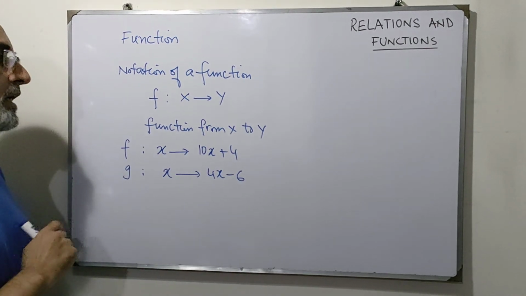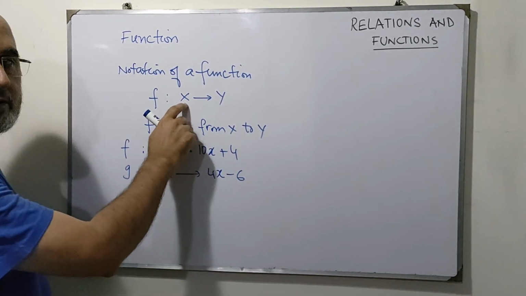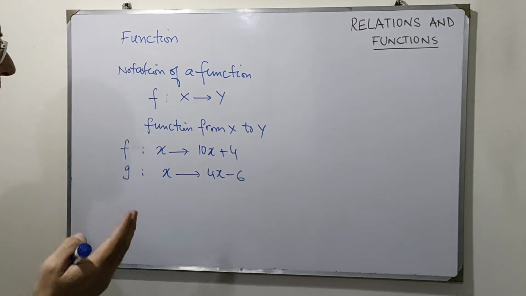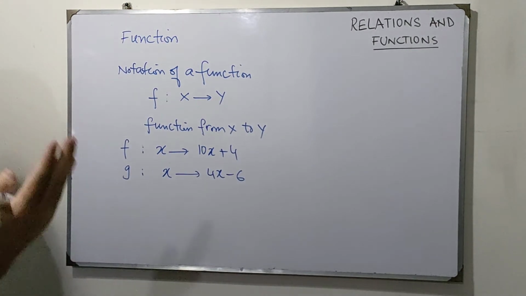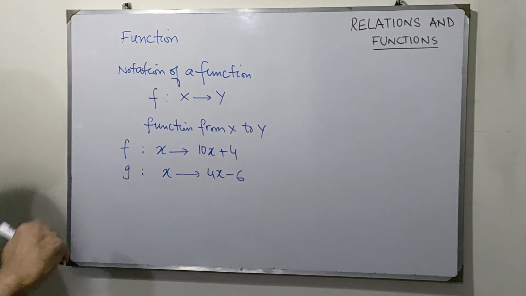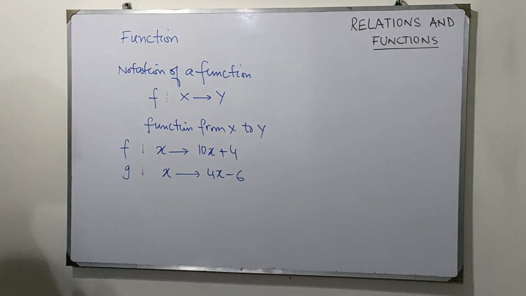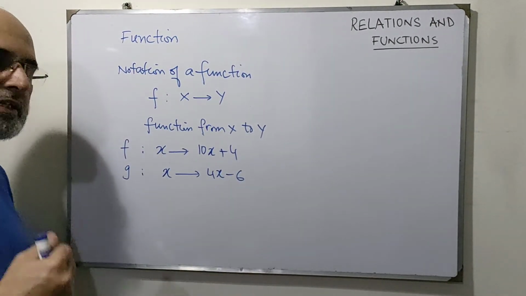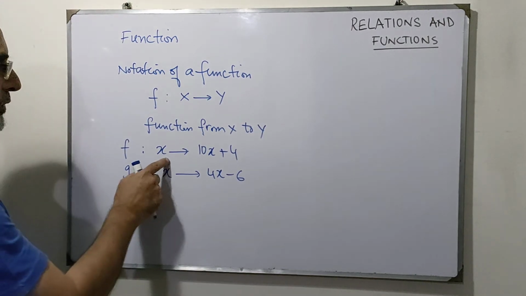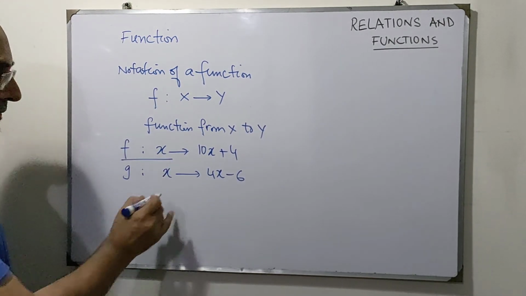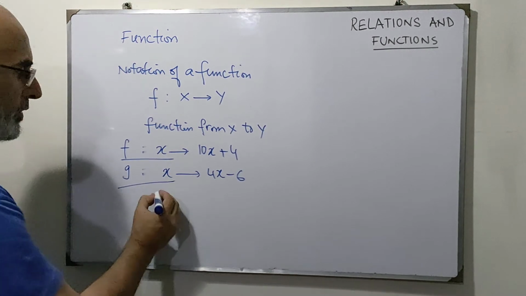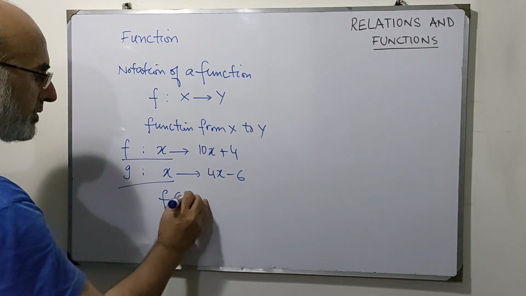Okay, so here we are going to have x values and y values, but we can write it in a simpler way so we can understand it in a better way. What we can do is f(x).